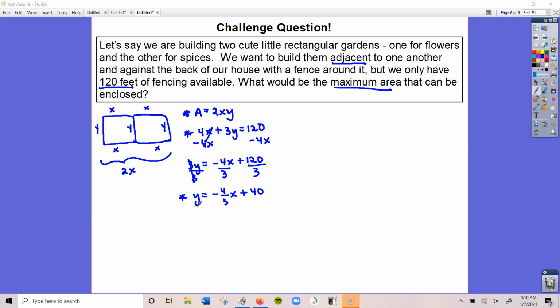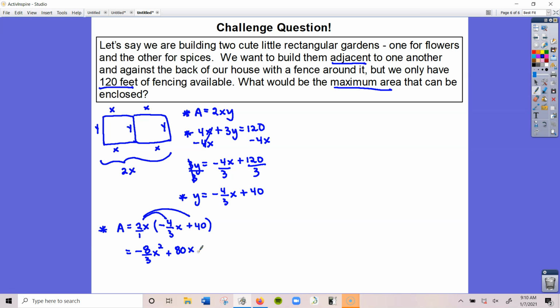Now, just like the previous examples, we're going to take this y and plug it into the equation that we're trying to maximize. So A is equal to 2x times y, which is negative 4 over 3 x plus 40. Distribute, and we get negative 8 over 3 x squared, because remember, when we multiply numerator with numerator, denominator with denominator, and then x times x, which is x squared, plus 2x times 40, which is 80x.